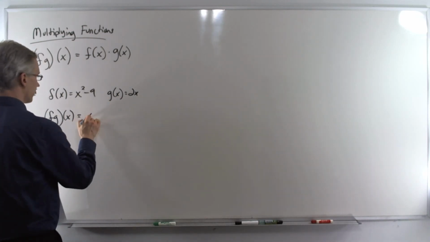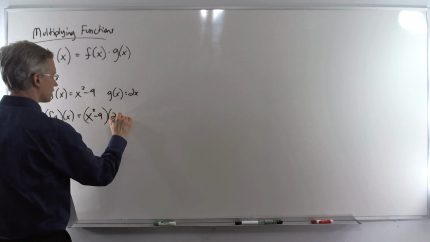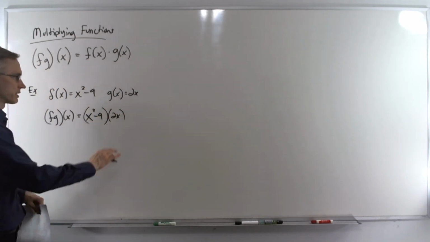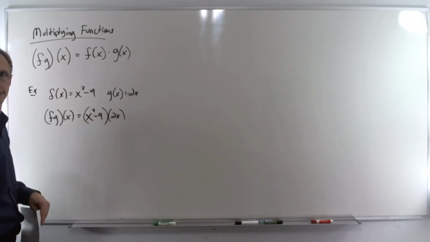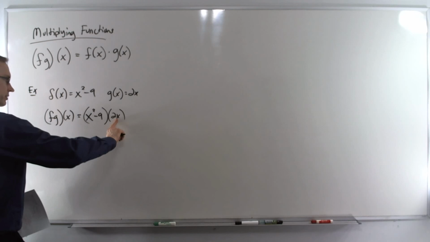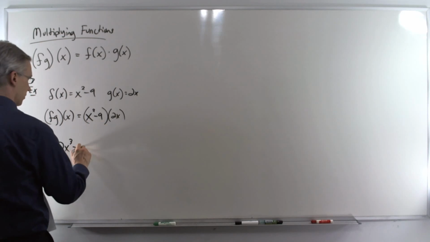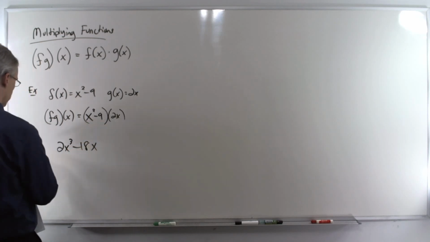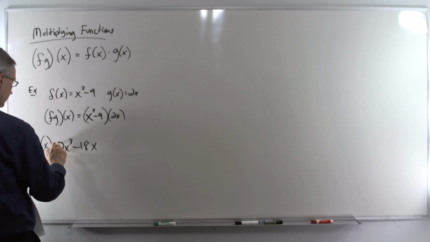So that is going to be x squared minus 9 times 2x. Now before we saw the monomial out in front, it doesn't matter which side it's on, it works the same way. So we'll distribute 2x into here. 2x times x squared is 2x to the third minus 18x. So that is the combined function f times g of x.